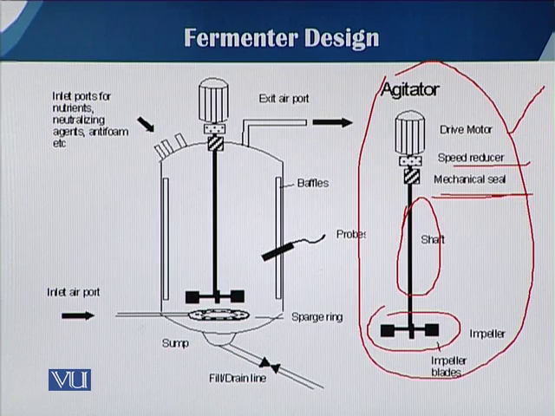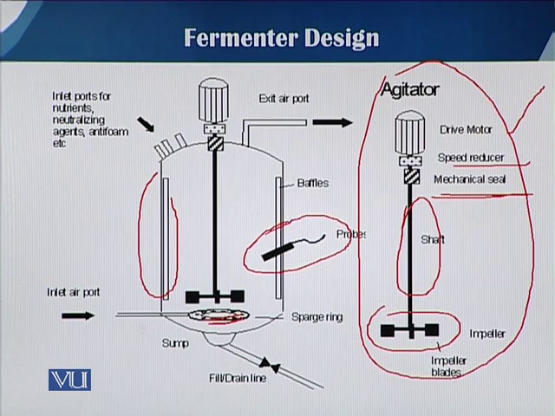Here you can see the baffles, and here a sparger, and there are different probes, an oxygen probe and pH probes. In some fermenters they are attached on the top plate. Sometimes if there is a larger fermenter, they are placed on the side wall of the fermenter.